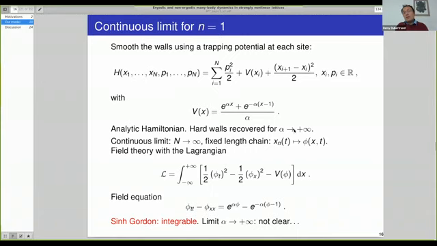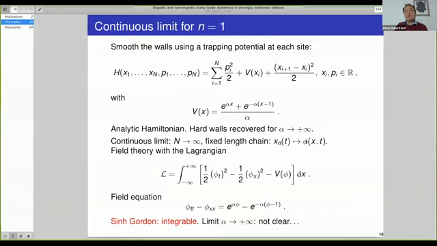And then if you have such a smooth Hamiltonian, you can take the continuous limit. There are several steps, but I guess you are all familiar with them. So if you take a chain with a fixed length and you assume periodic boundary condition, you can replace the variable at each discrete site by a field of a continuous space variable.